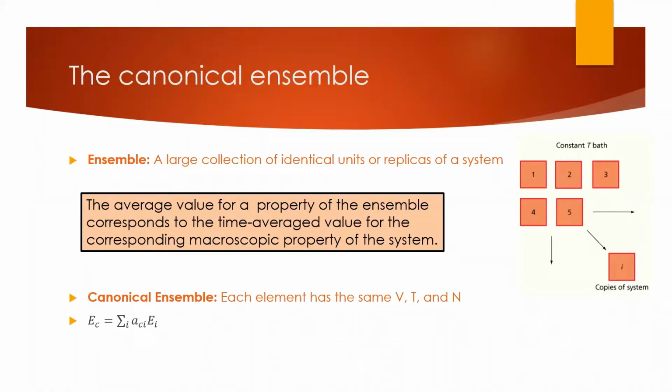And so it turns out that we can define the units of our ensemble as consisting of a single molecule. So our canonical ensemble can be made up of identical units with the same volume, temperature, and number of molecules, and that number of molecules can be 1.